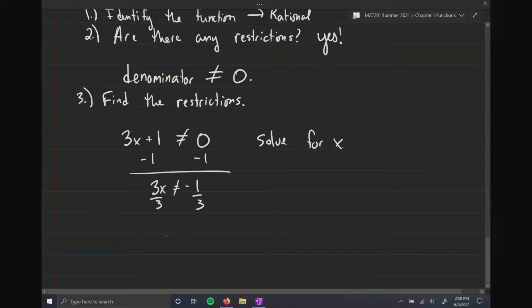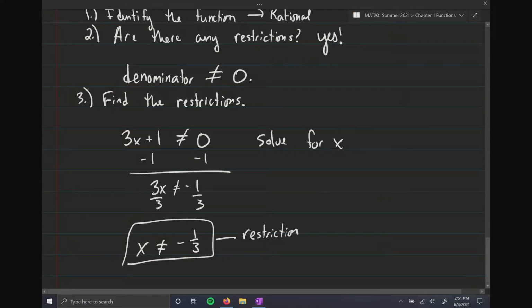Divide both sides by 3. What I just found is my restriction. In other words, I can use any x value I want in this rational expression. However, I cannot use negative 1/3. That's going to break my domain.